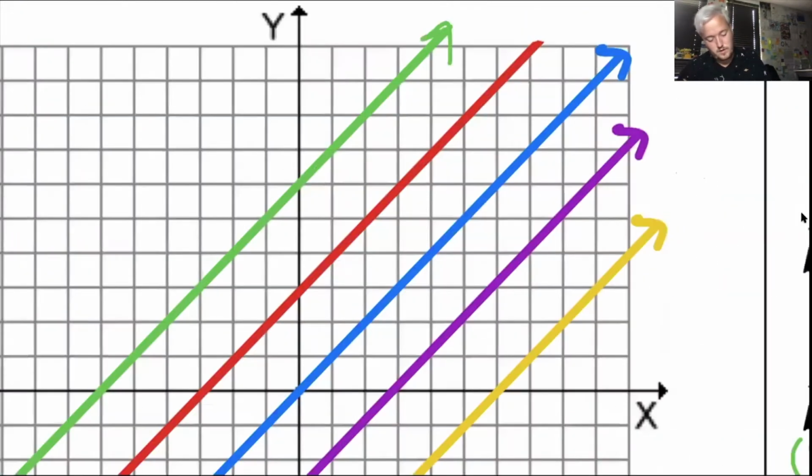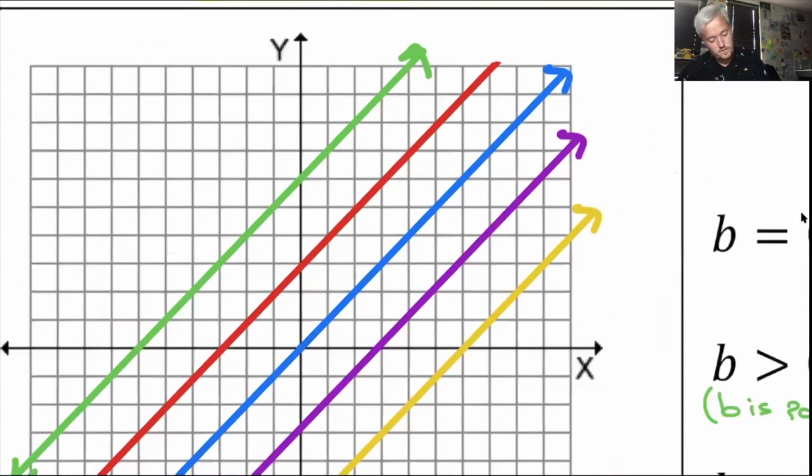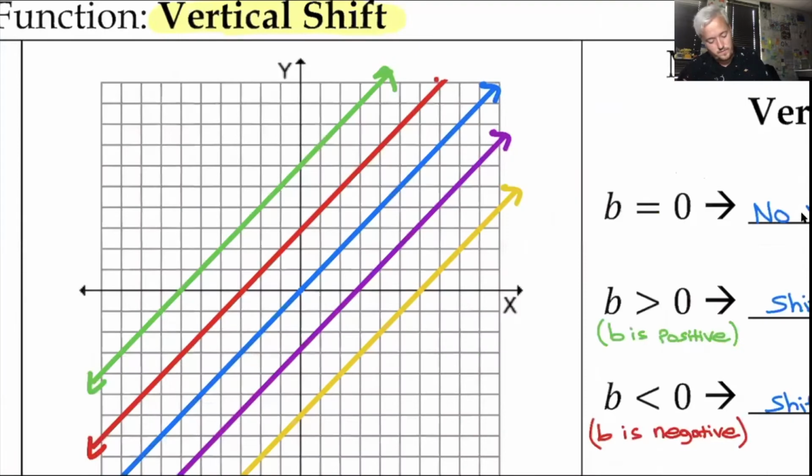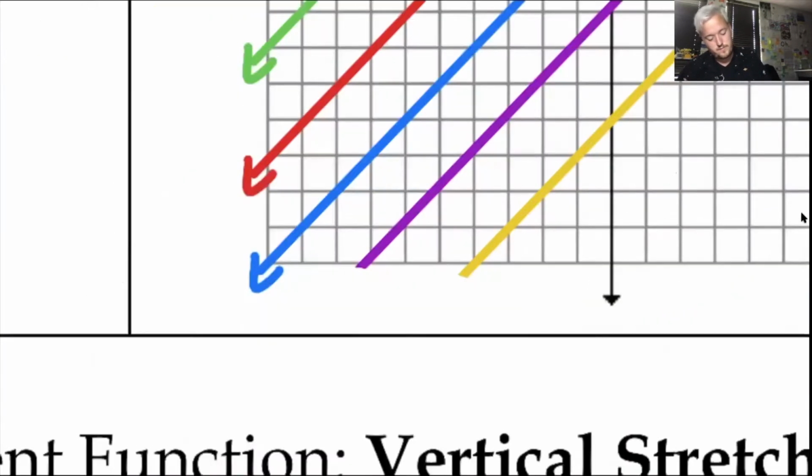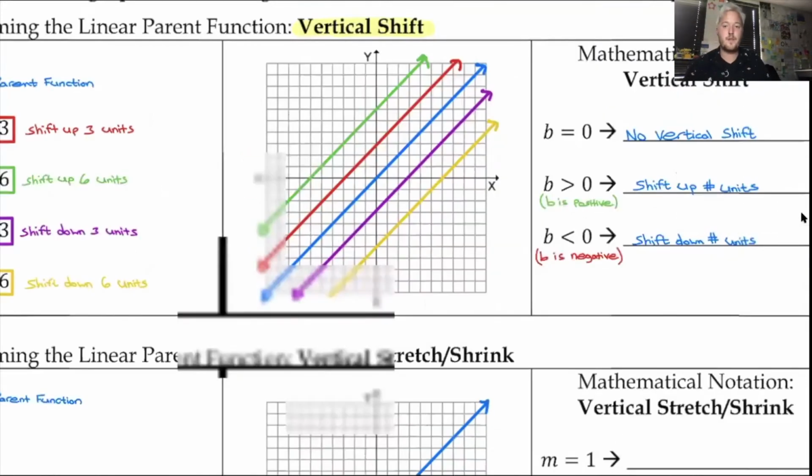Oh no, we cannot have that. There we go. A red arrow, a purple arrow, and a gold arrow. There we go, much better.